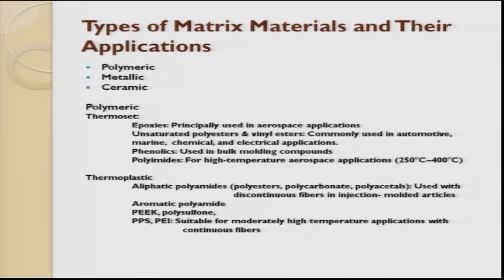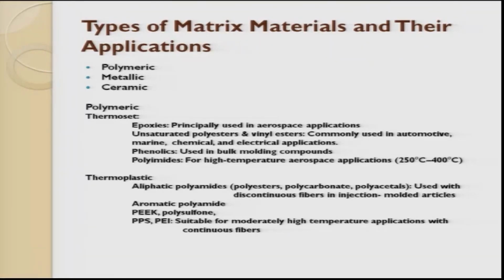Now let us get into different examples of thermoset polymer and thermoplastic polymer. Under thermoset, you have epoxies, which are principally used in the aerospace, marine and transportation industries. Everywhere it is exhaustively used, and this helps in ease of manufacturing. Then you have unsaturated polyester and vinyl ester, commonly used in automotive, marine, chemical and electrical appliances.